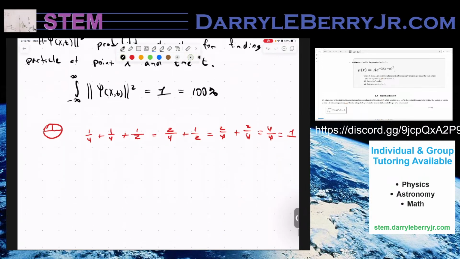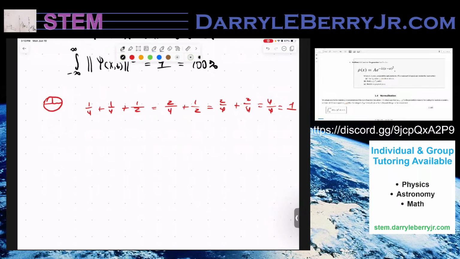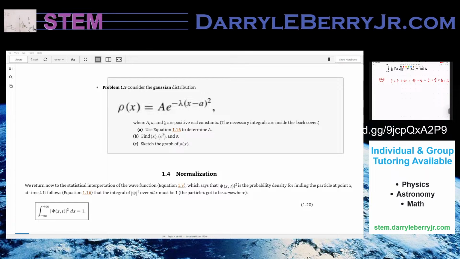So then they give equation 1.20, which is pretty much this right here. And I forgot my dx. They call this equation 1.20.